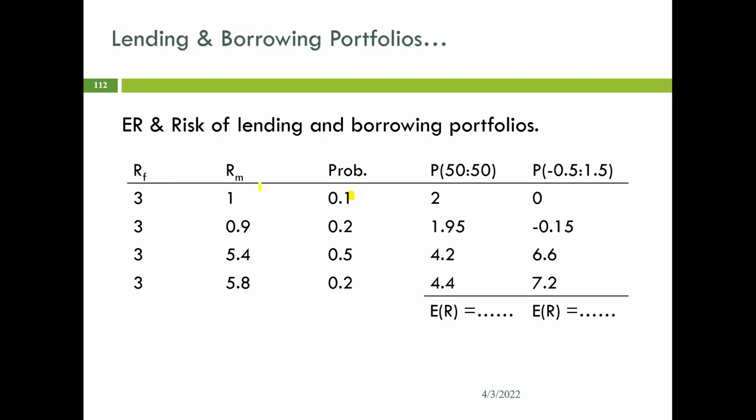Here you can see RM means the market portfolio return. This portfolio is 50-50, meaning 50% of your wealth in the market portfolio and 50% in the risk-free asset. So what do we call this portfolio? Is it a lending or borrowing portfolio?